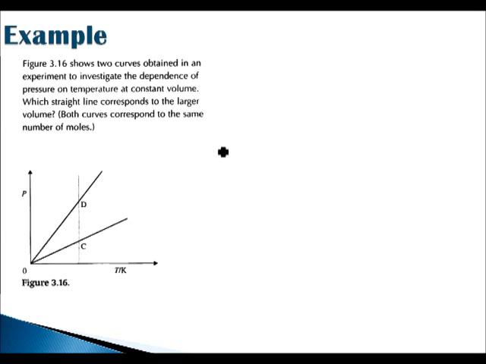Well, let's start with the ideal gas equation. PV equals nRT. So we know that it's at the same number of moles. The gas constant is the same. So PV is proportional to the temperature.